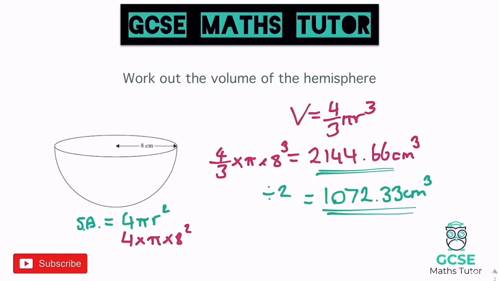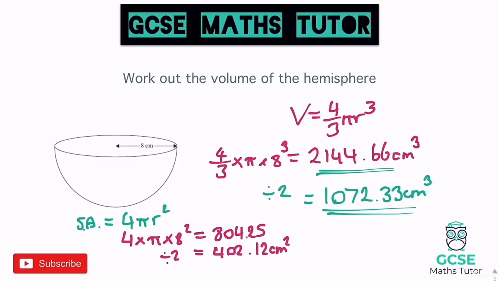That gives us a surface area of a sphere being 804.25. Again, we'd have to halve it because it's half. So half of that would give us a surface area of 402.12. And that is obviously a surface area, so it's centimetres squared.